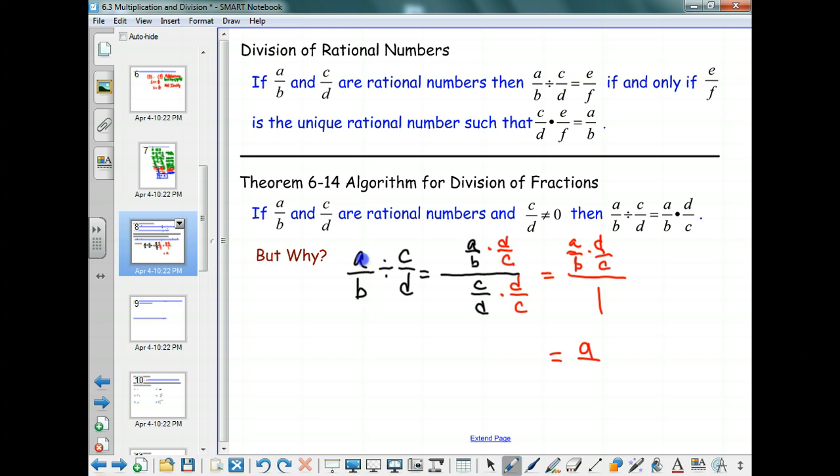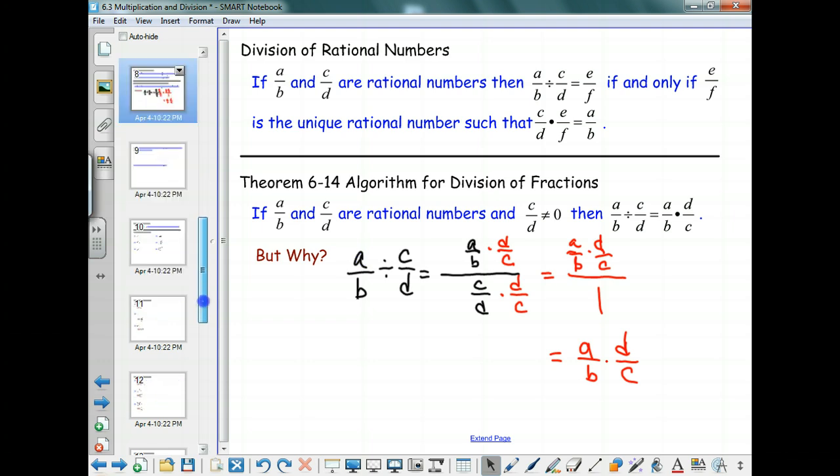So this is a over b times d over c. So that's why. Okay. Can I move to the next one?